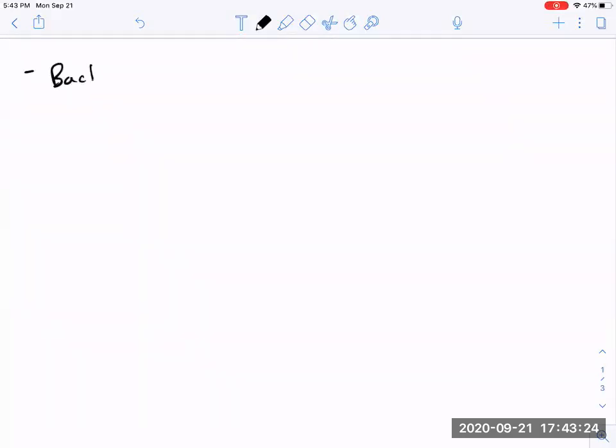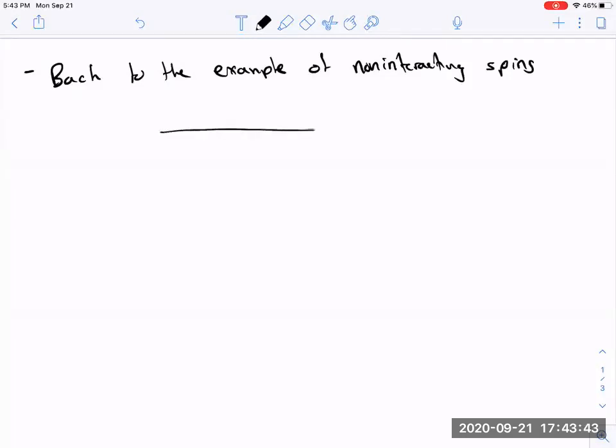Back to our non-interacting spin system. So we are envisioning a system of spins, say on some one-dimensional lattice. Those spins are denoted with these little arrows. They can be up or down. If they're up, we'll call that spin +1.